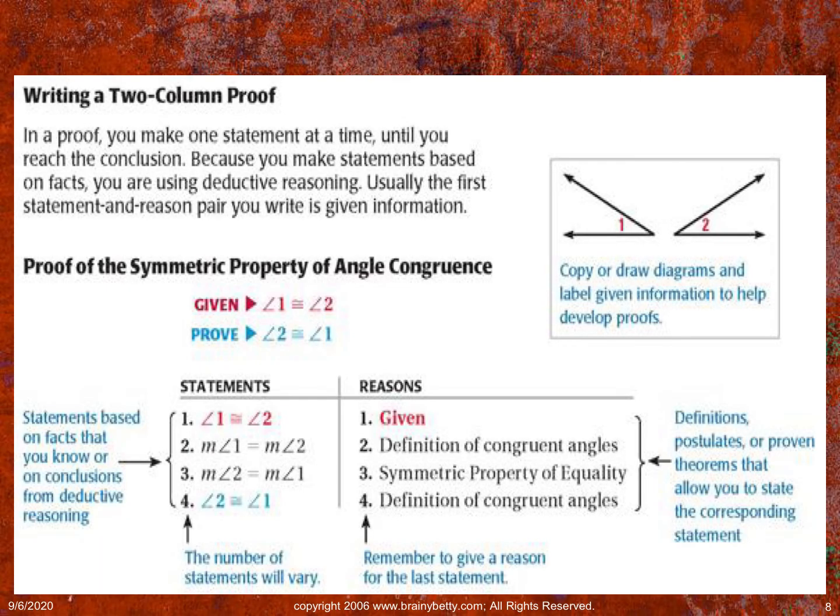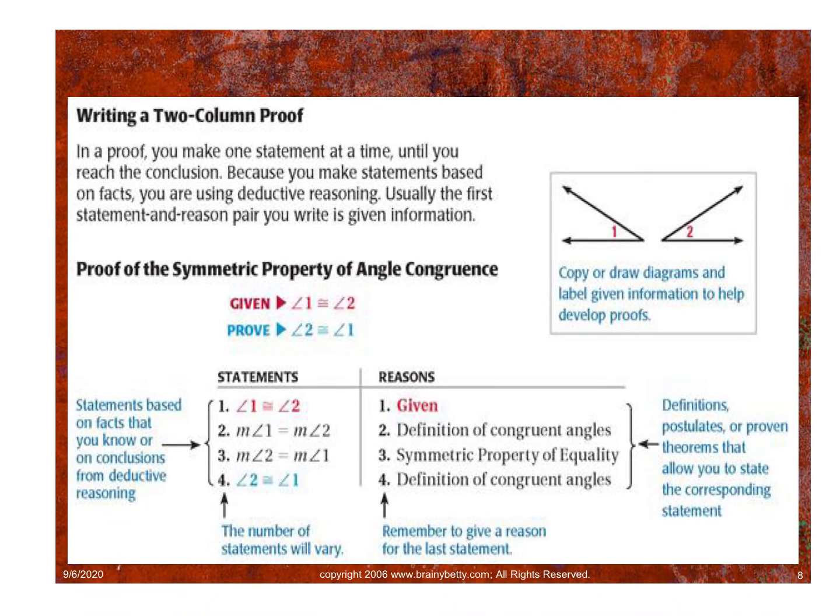So here is just a general overview for writing a 2-column proof. When you're writing the 2-column proof, you're just going to go one statement at a time. You've got to provide a reason for each statement you're putting in there. Sometimes you're going to flow from the statement up above to the next one.